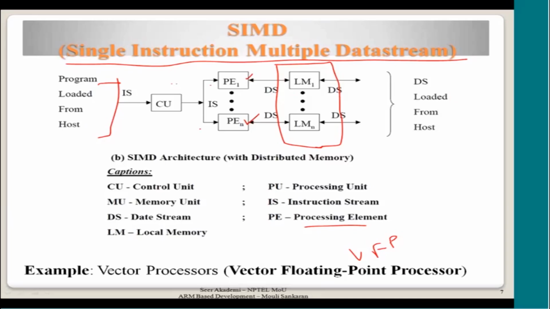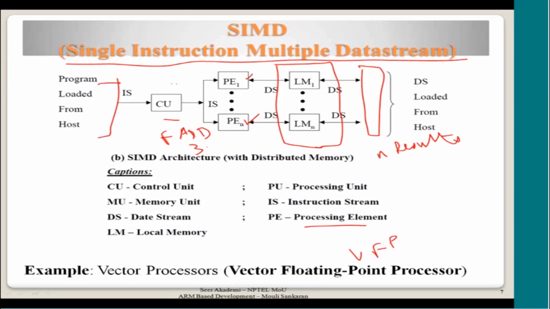So you will get results equivalent to the number of processing elements in the system. If there are n processing elements and the instruction being performed is, suppose, a floating point addition working on n sets of data, and it takes, let us assume, 3 cycles, then after 3 cycles n results will be available, because all of these processing elements run in parallel.